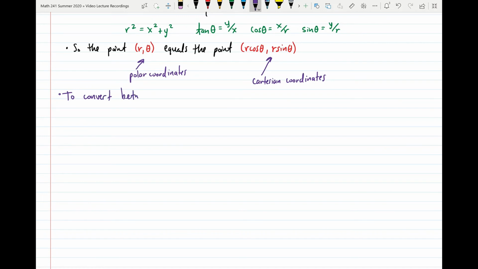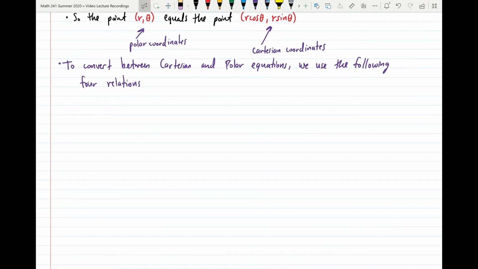So to convert between Cartesian and polar equations, we use the following 4 relations. This is probably the most important thing to take away from this video.